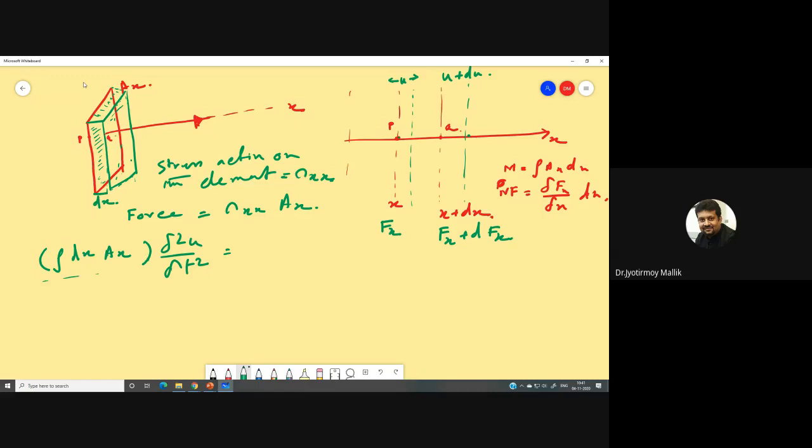So this is my m component and this is my a component, right? That's the force.